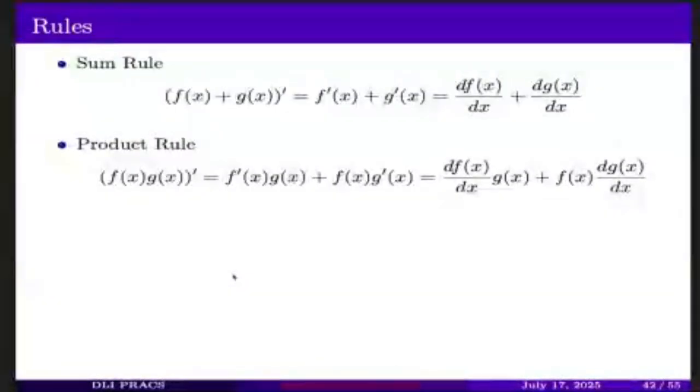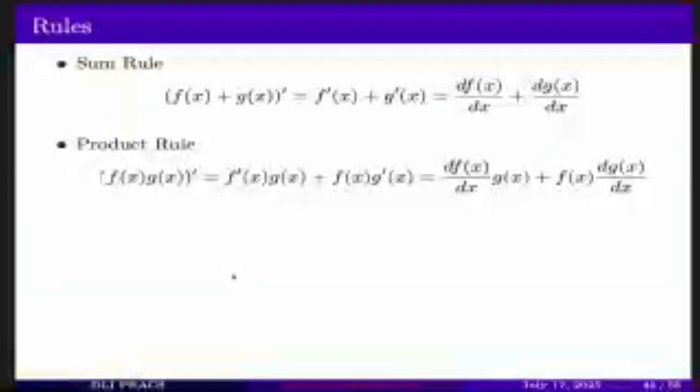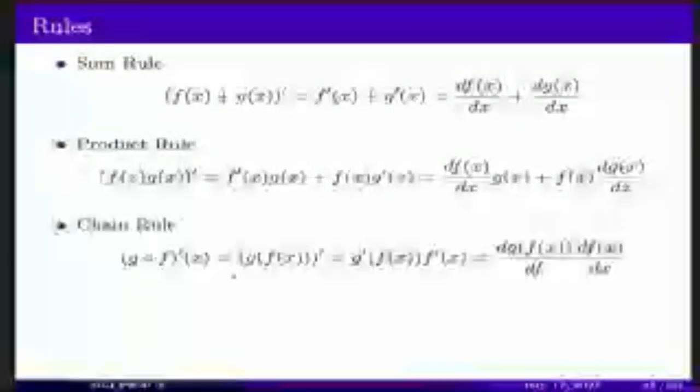By the way, when you see prime here, I'm just saying it's the derivative of that function. Right? So if you see the prime there, that's the same as saying d of that function with respect to the variable, let's say dx in this case. Okay, so the product rule: differentiate f with respect to x, you multiply that by g, plus you differentiate g with respect to x, and you multiply that by f. So that is sort of the intuition behind this formula.